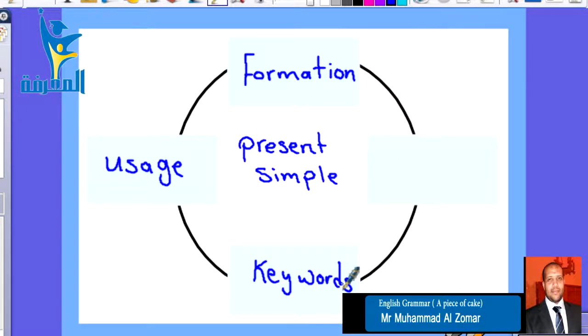And we will finish with the negative shape and the question: how to make a question on a sentence that is present simple. These are the 4 points we are going to explain during our lesson. Let's start with the formation.